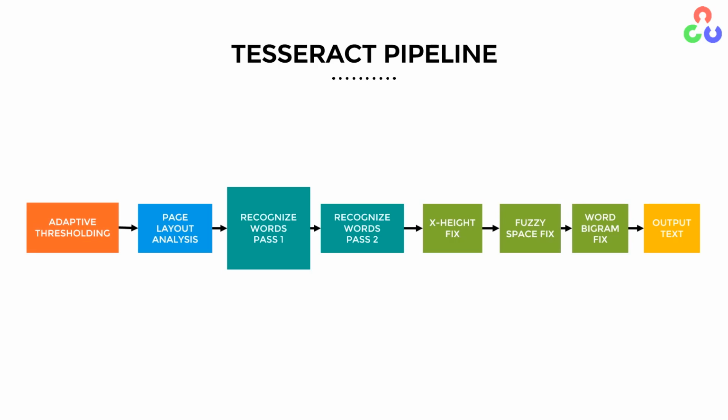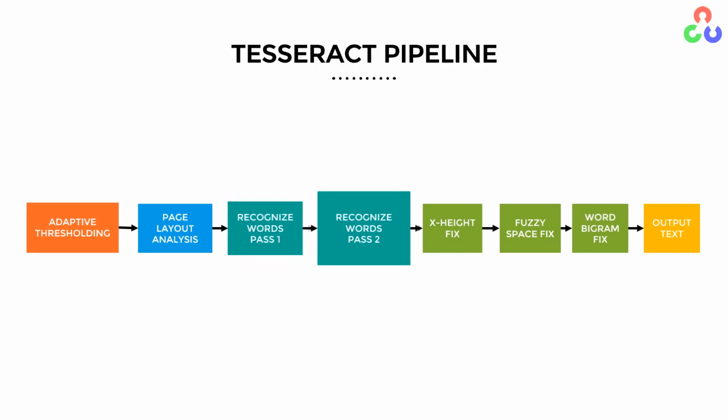So the accuracy is better when we are at the bottom of the document versus the top of the document. So we go and do a second pass on the document, which uses all the learning towards the end of the document. It uses it again to recognize the words which did not give high confidence. And that is why we have two passes of recognition.